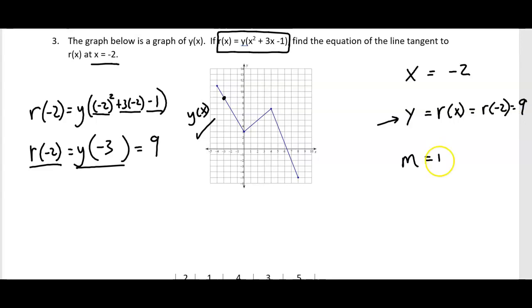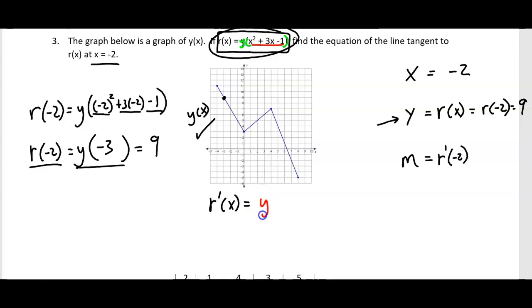To find the m, I need to find the derivative of r when x equals negative 2. So to do that, the first thing I need to do is find my derivative of r. This is going to be a chain rule. My outside function is the y function, and my inside is this whole thing here.